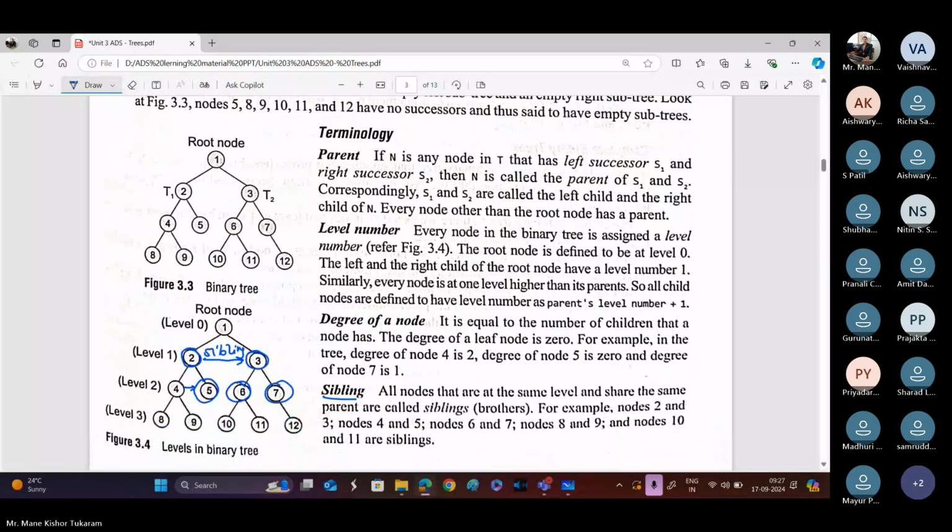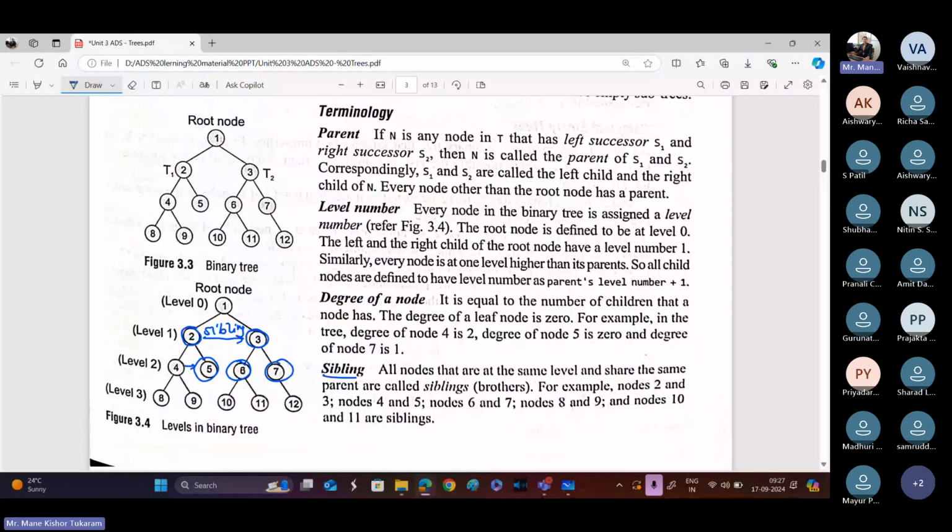Then here you might observe that the root element has 2 children. Again, this particular element has two children. This 2 has two children, but this 5 doesn't have any children. Again, 3 has two children, 6 has two children, but 7 has only one child.